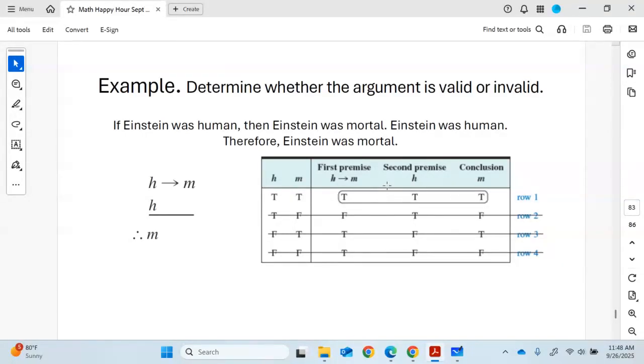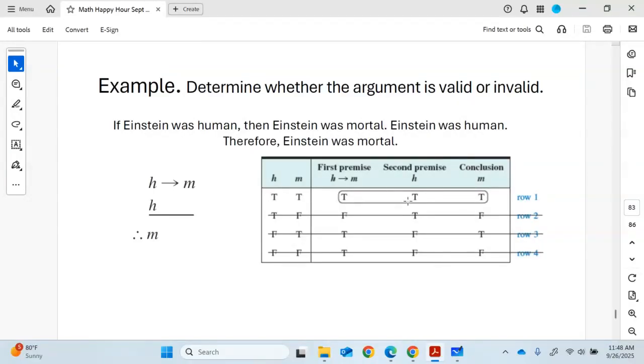And what I need to check is that in all of the rows where my premises are true, the conclusion is also true, which is the case. So when I was looking for those rows, I was only looking at the premises. I didn't really look at the conclusion.